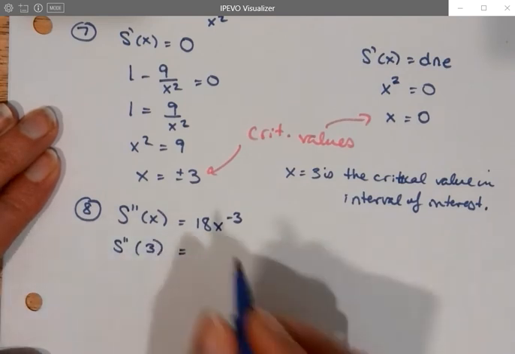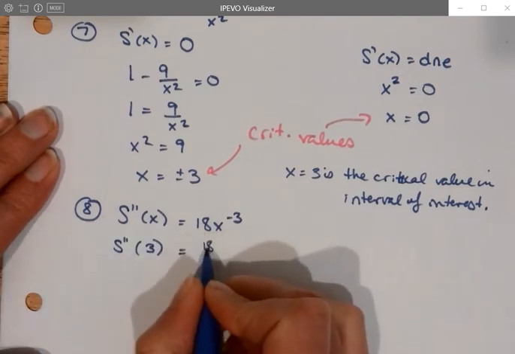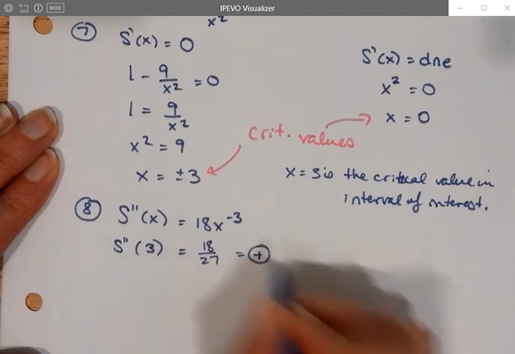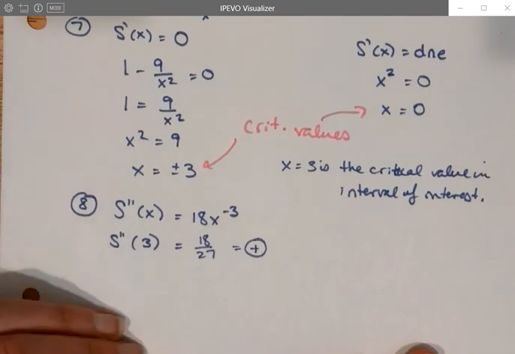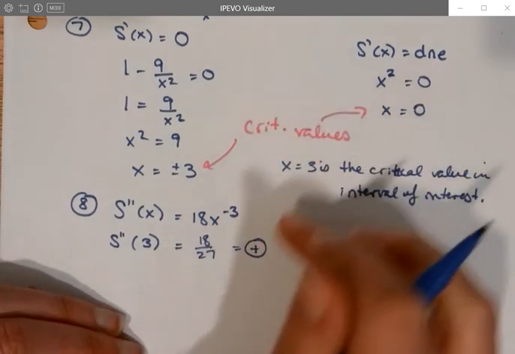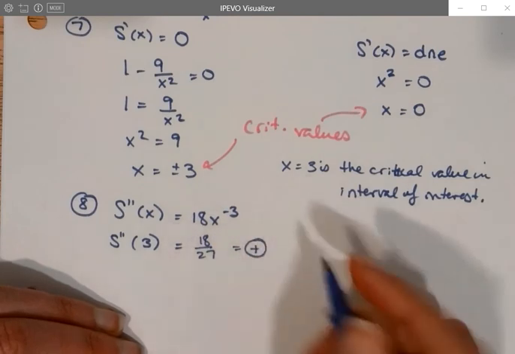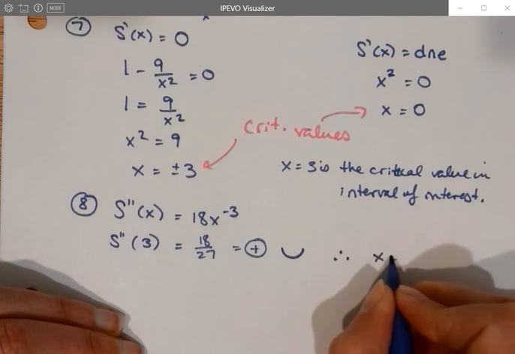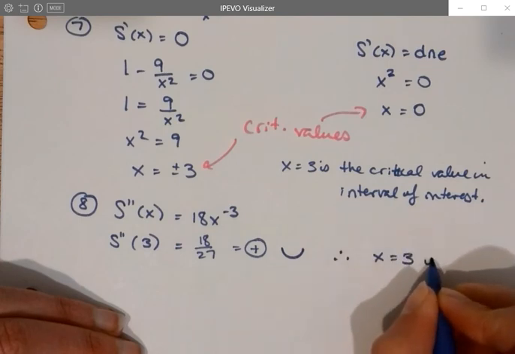And so it's 18 divided by 27. It doesn't matter what the number is, it just matters that it's a positive value. And so remember that that's a positive value, which means that at your critical value, you are concave up, and so if you're concave up, you can draw the conclusion that x equals 3 gives a minimum.